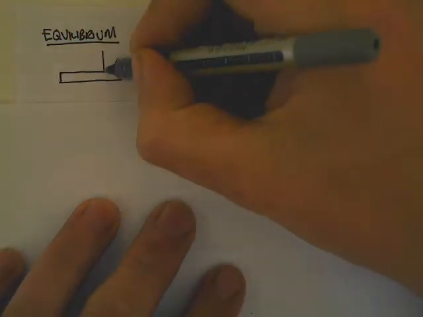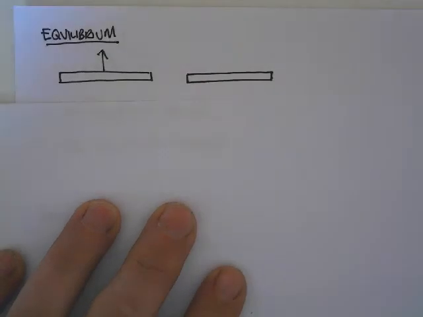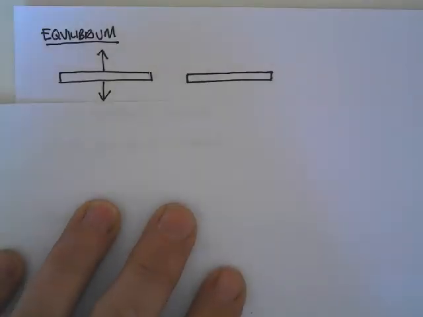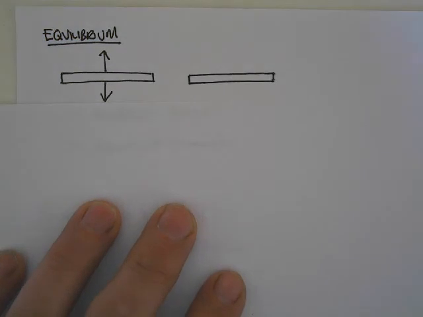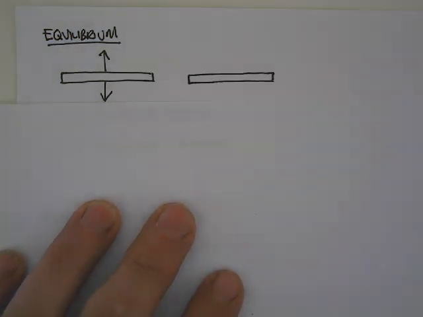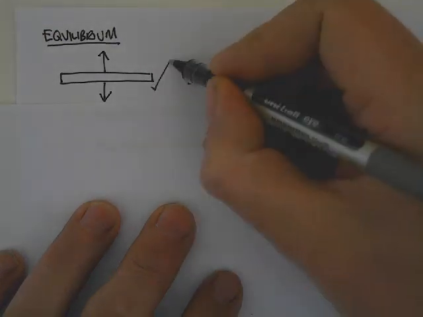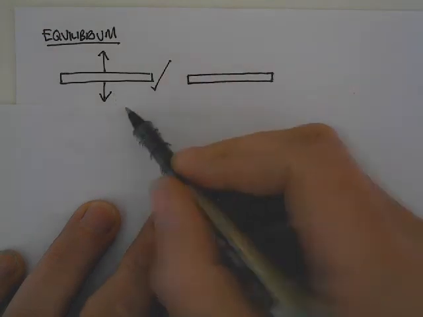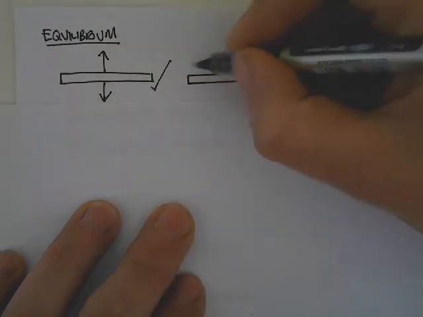And I am going to have a force upwards on this rod and a force downwards on this rod, and I think we'd happily say that would be in equilibrium.